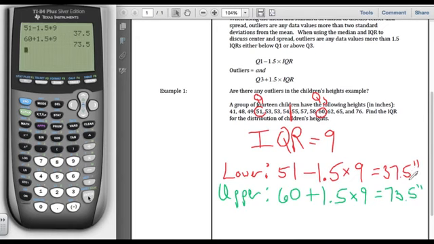This tells me that any height that is 73.5 or above is an outlier. Since 76 is above that, we can say that 76 is an outlier.